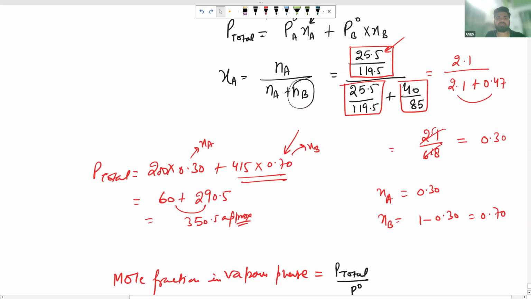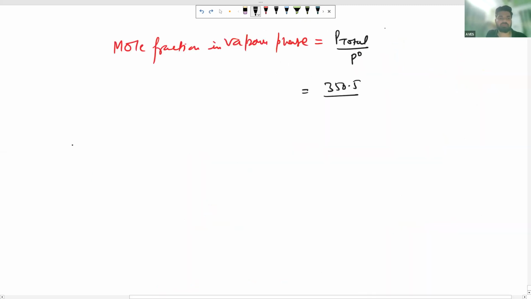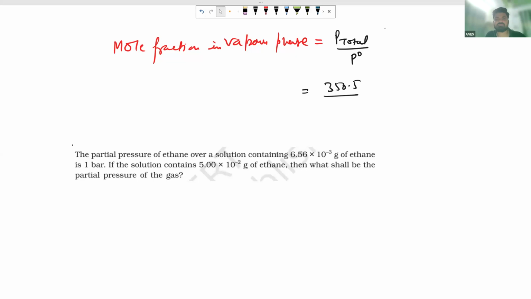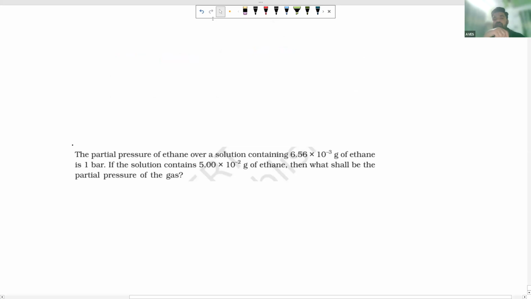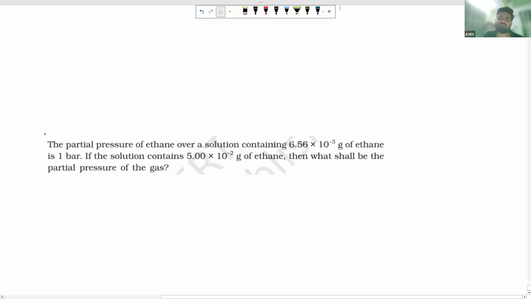So here we have the next question. Try to solve it. What is being given to you? First read the question two or three times, then you will be able to solve this one.